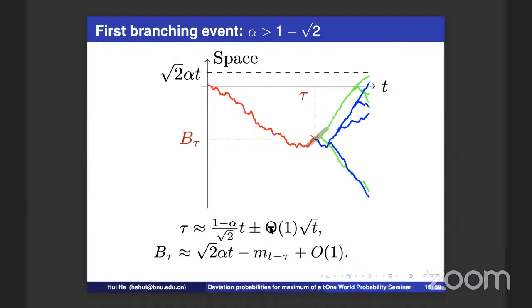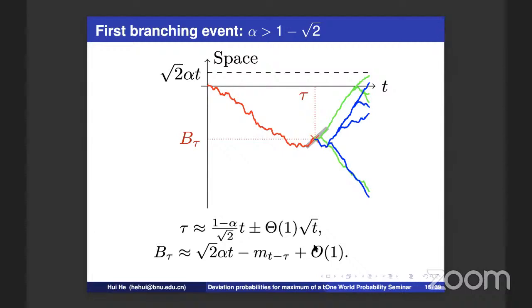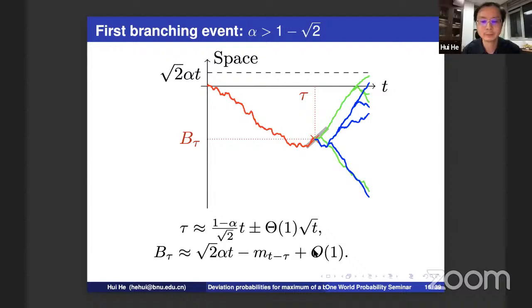What is the difference between these two? Theta_1 and O_1, right? Here they are also finite terms. Both you can imagine are finite terms as t goes to infinity.